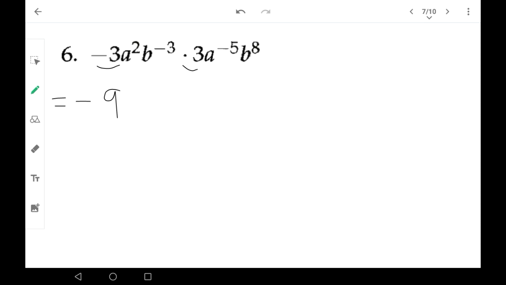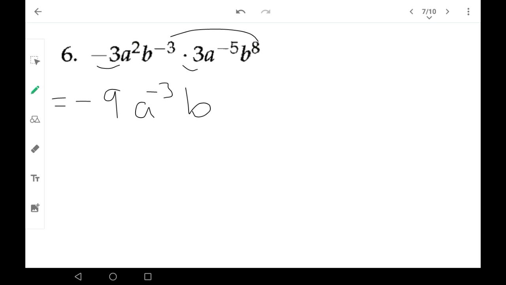So that means that this would be a to the power of 2 times a to the power of negative 5. I have to add them, so it's like a to the power of negative 3, because 2 minus 5 will give you negative 3, and b to the power of negative 3 plus this 8, right?